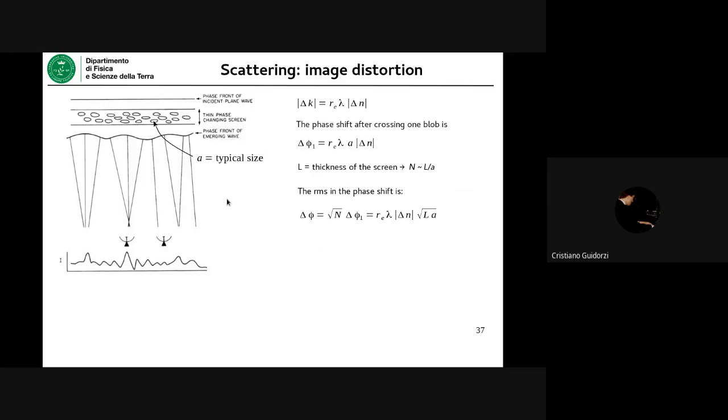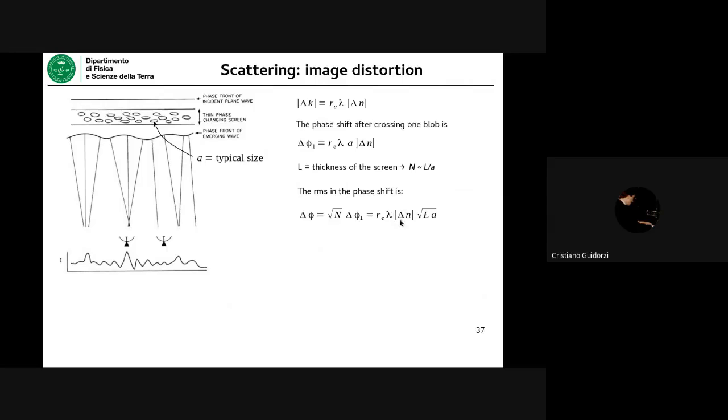Okay, so the higher delta phi, the more crinkled is the wave. In particular, replacing, given that the square root of n is the square root of L over A, you multiply by A, which is in delta phi 1. So in the end, this becomes the square root of L times A.